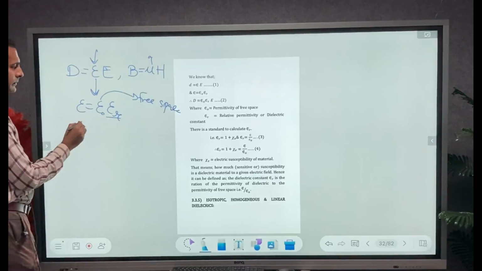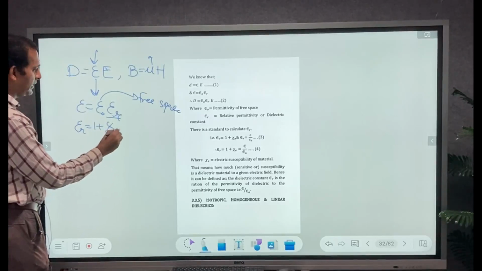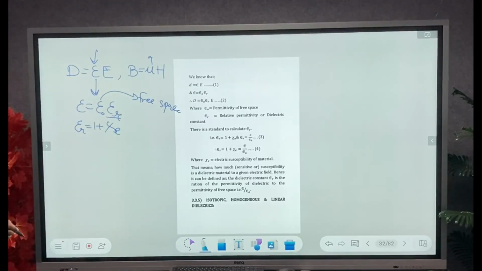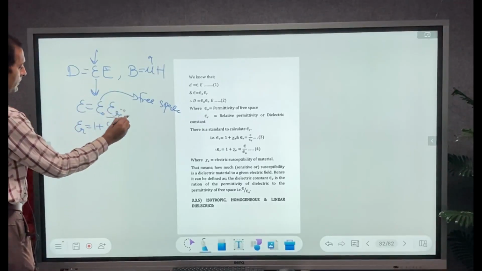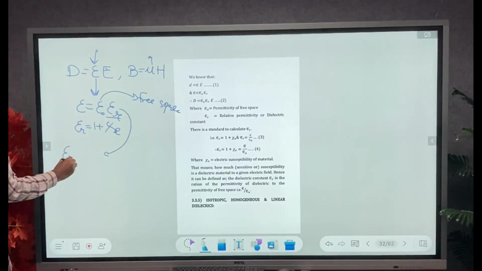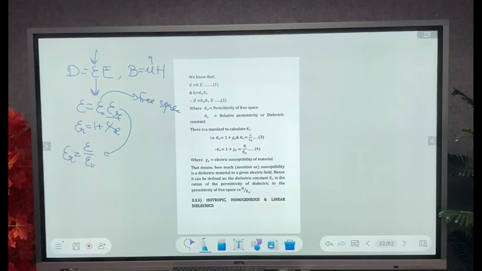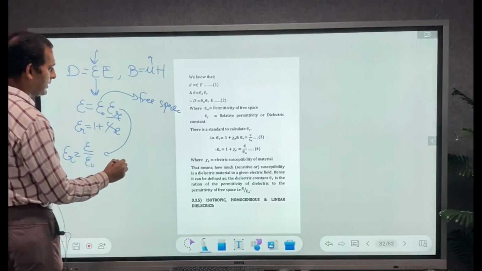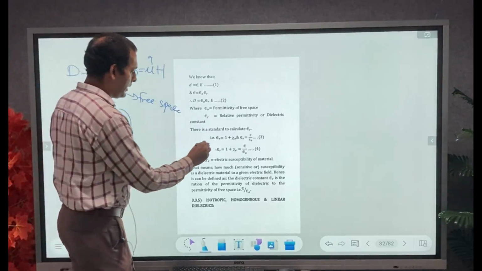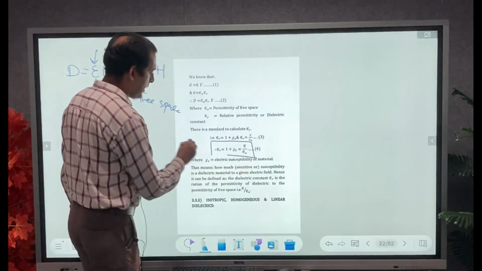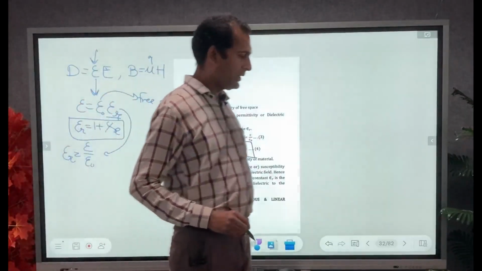So epsilon r is equal to 1 plus susceptibility chi e. From this expression we can write epsilon r is equal to epsilon by epsilon naught. So epsilon r is basically given by 1 plus susceptibility, that is nothing but epsilon by epsilon naught. So this is about the dielectric constant.